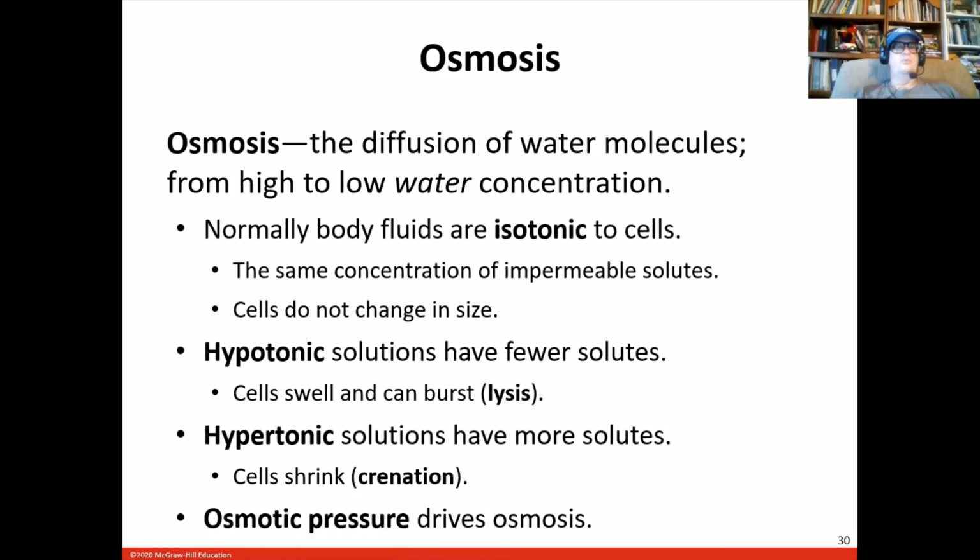This is important when we talk about things like your capillaries. At the front of the capillary, water leaves the capillary very easily because of pressure from the heart. We call that hydrostatic pressure. But at the end of the capillary, water's flowing back into the blood, into the capillary, because all the proteins and cells were left inside the capillary.